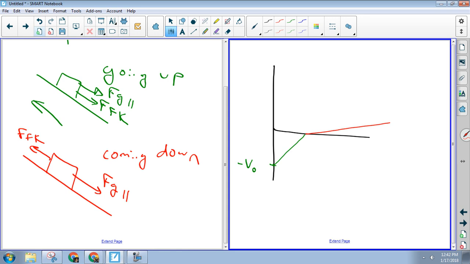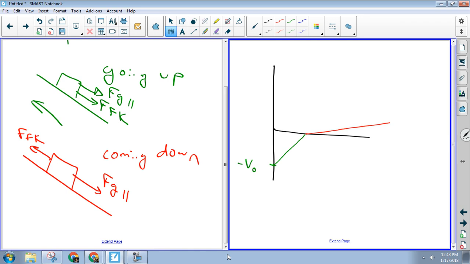Do you agree that it's going to take, what does it say? It says something about t final over 2. So the total time is t final, right?